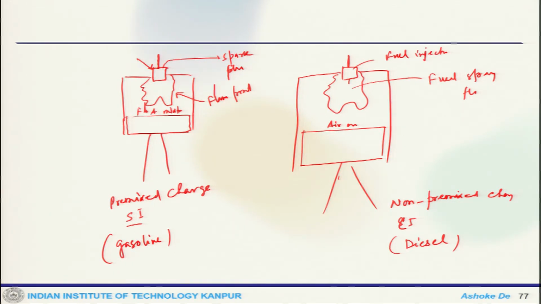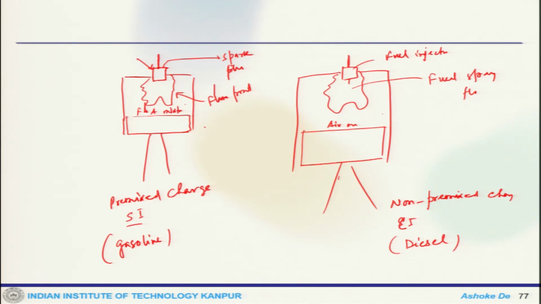So, there is a difference you can see inside that. There is fuel and air which is already premixed, they are sitting there, and in this case it is only air which is compressed. So, the working principle is quite different, and that is why the problems which will arise in each of these cases are also quite different.